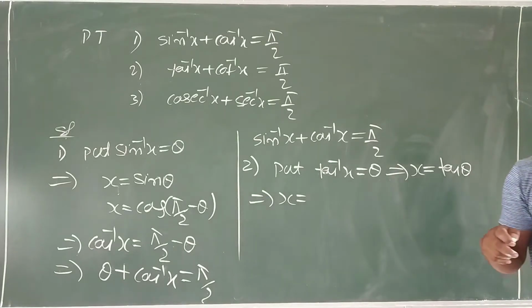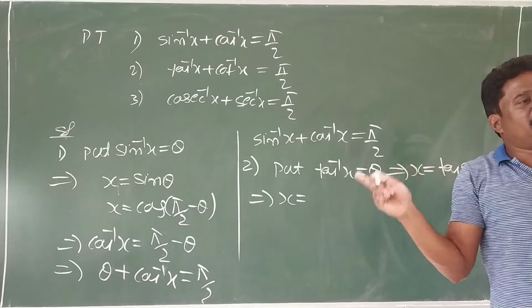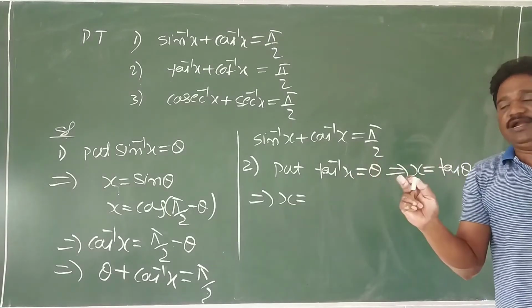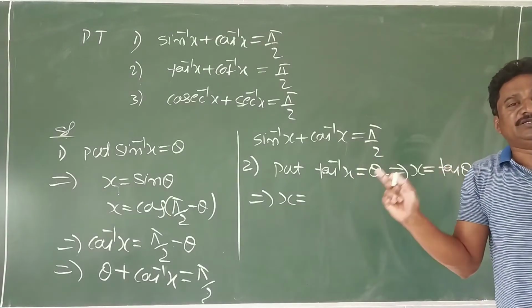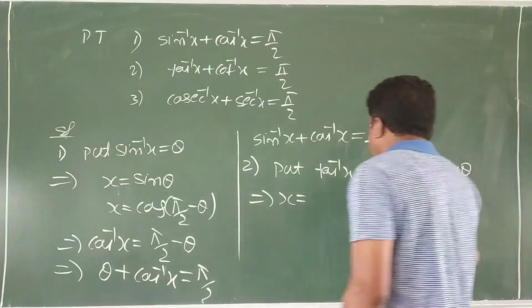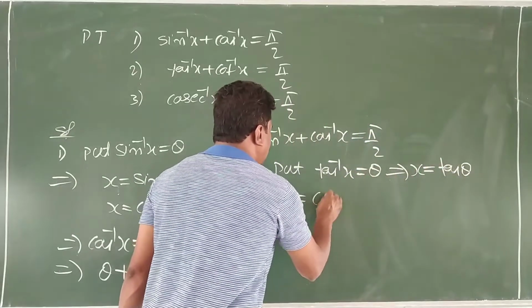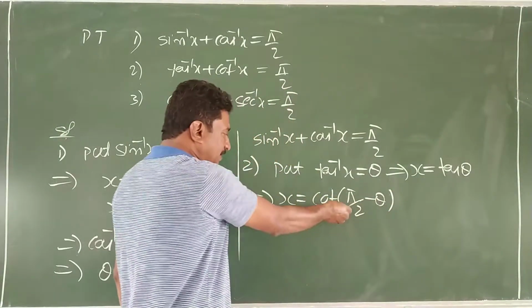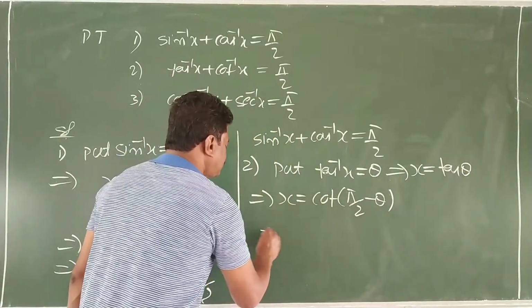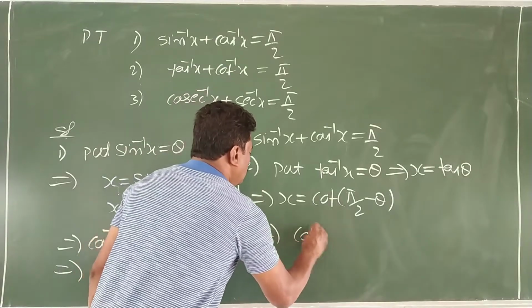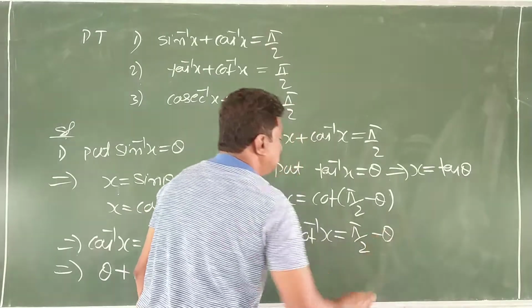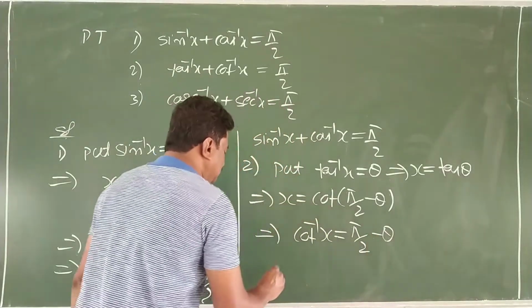Tan theta can be written as cot of 90 minus theta. What is cot 90 minus theta? Tan theta. Tan 90 minus theta is cot theta. You will change tan into cot. Cot 90 minus theta. Bring the cot to this side. That implies cot inverse x equals pi by 2 minus theta. Bring that minus theta to this side.